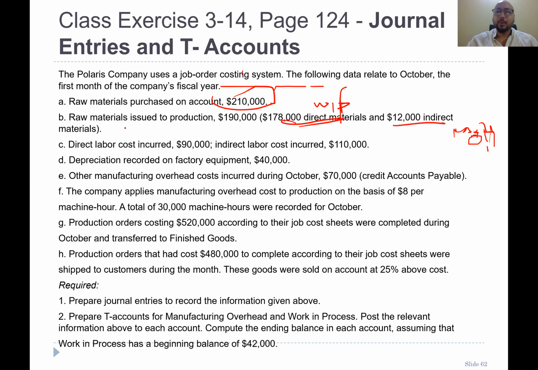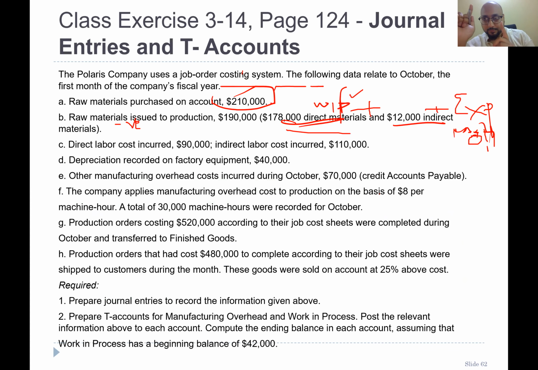So raw material issued, which means raw material is decreasing, right? What is increasing? The direct material, which is work in progress. So the entry would be work in progress. This is our expense. Expense is increasing, work in progress is increasing.